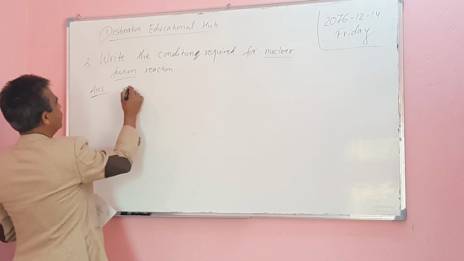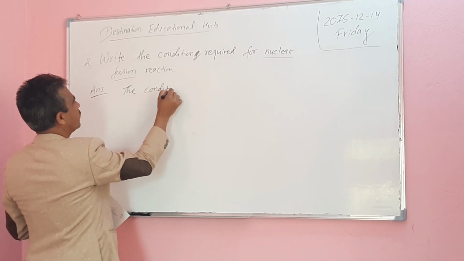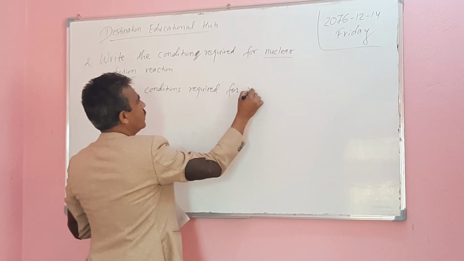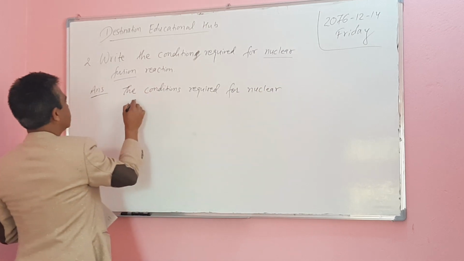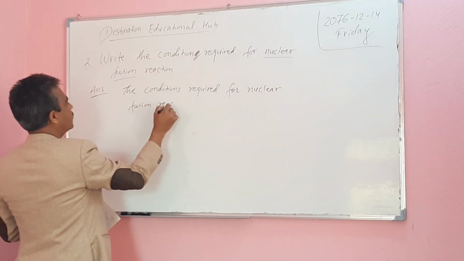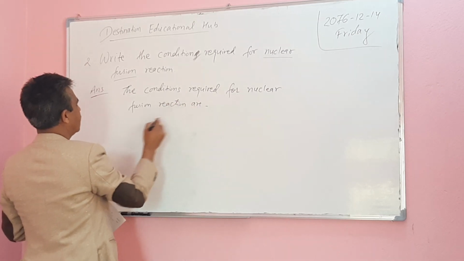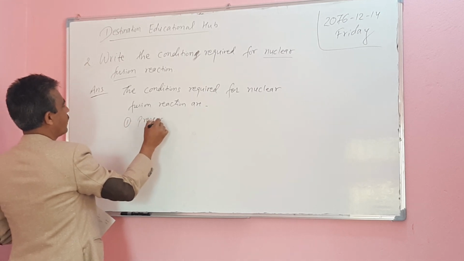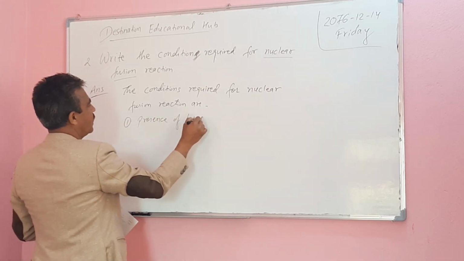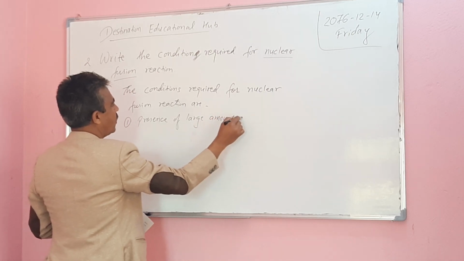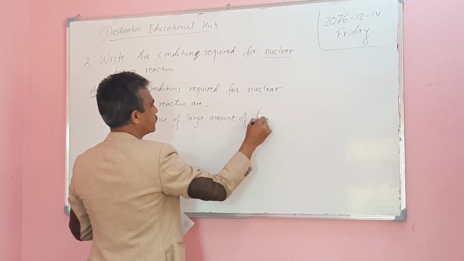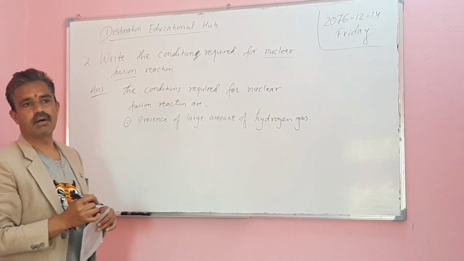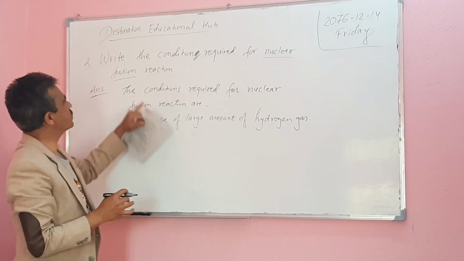The conditions required for nuclear fusion reaction are: A, presence of a large amount of hydrogen gas, because the main source of nuclear fusion reaction is hydrogen.